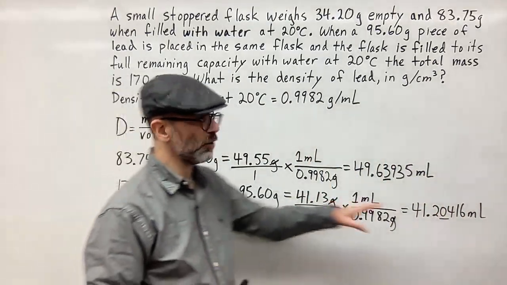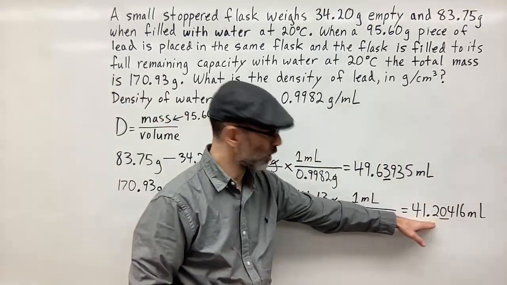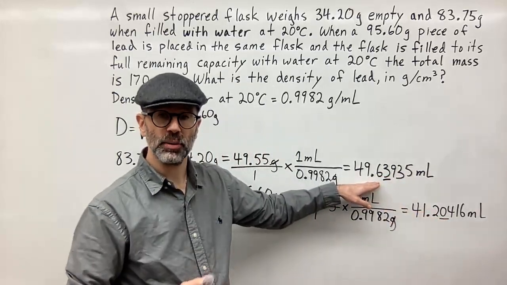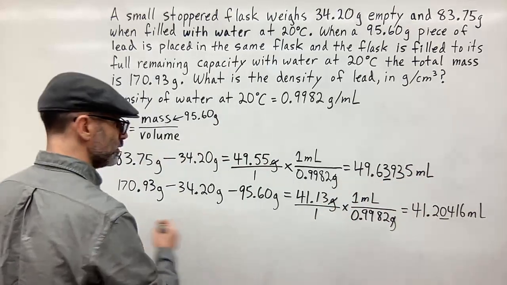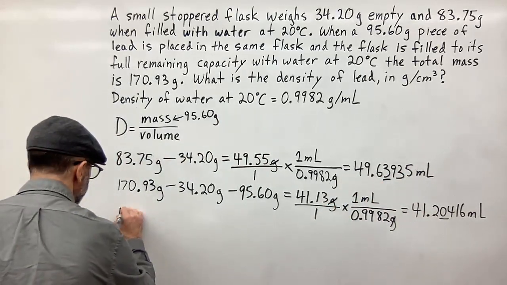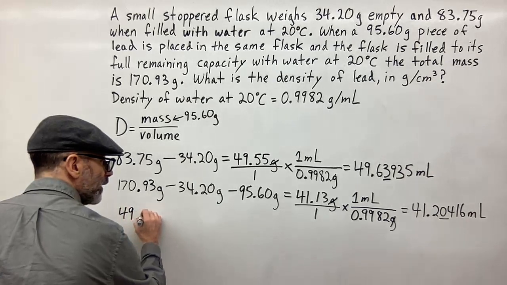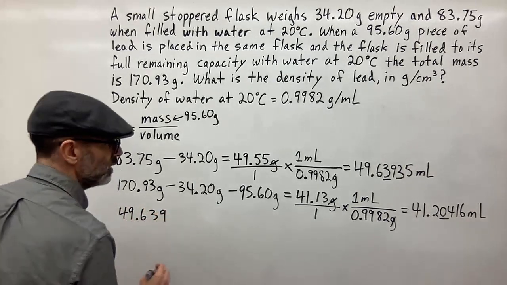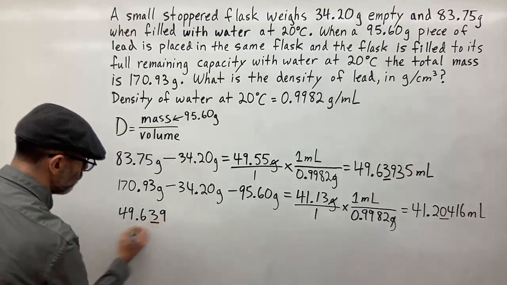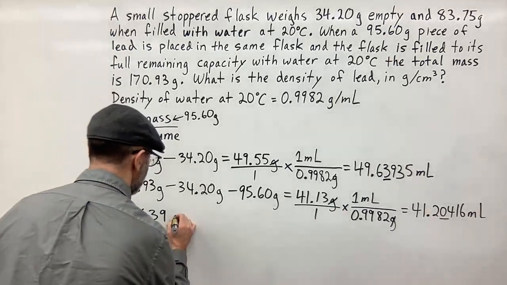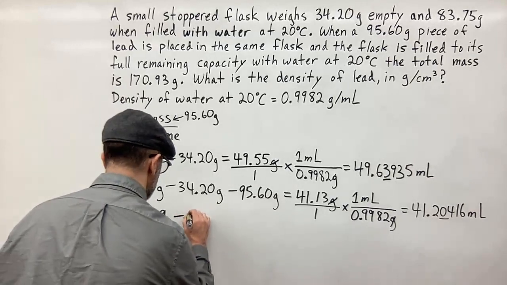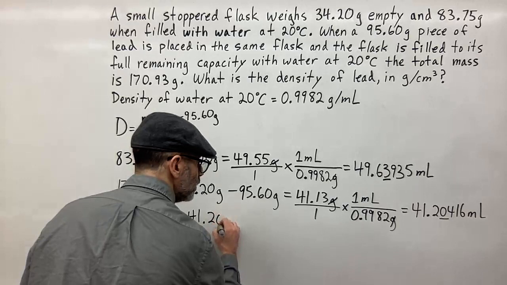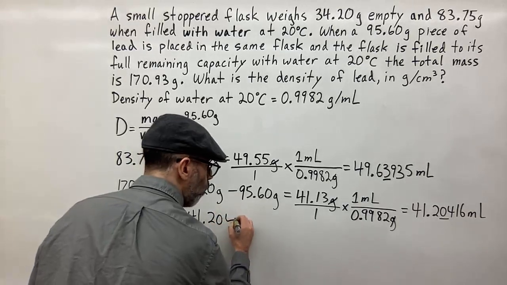So if I want to find the volume of the lead, I subtract out the volume of the water in the flask from the total volume of the flask. And when I do that, I'm going to do that by 49.639. I keep one extra digit, and then I'm going to subtract from that 41.204.